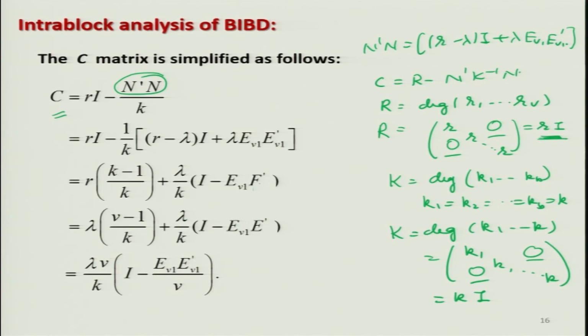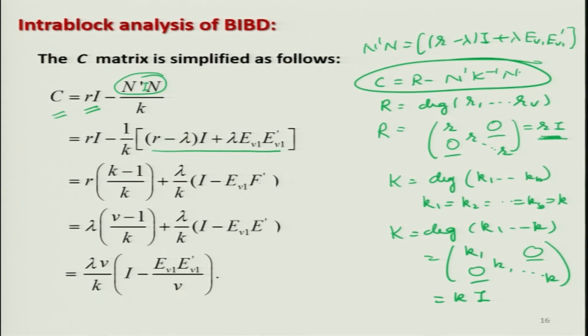So, now we have to simply substitute all these expressions in this C matrix. I can write C as R I, and now this capital K inverse can be expressed as 1 upon K, and then I will come over here, n transpose I n. So, this will become n transpose n, and now I substitute the value of n transpose n matrix that we found earlier.